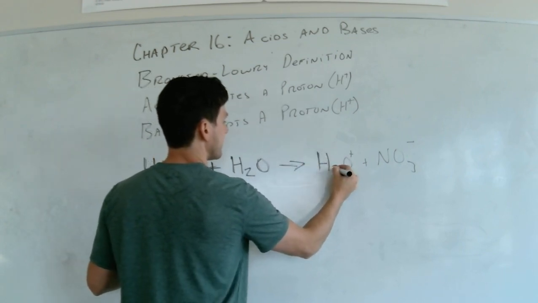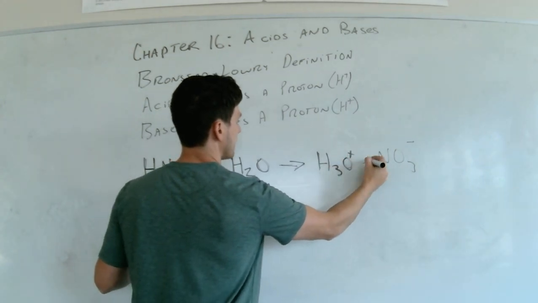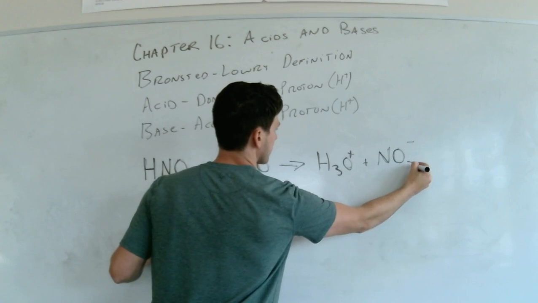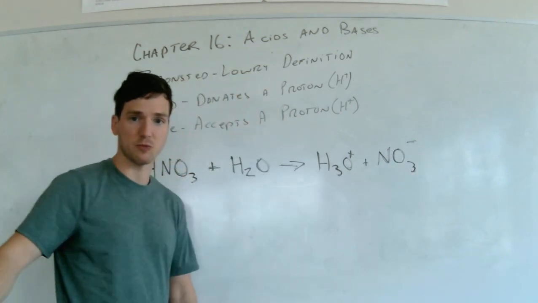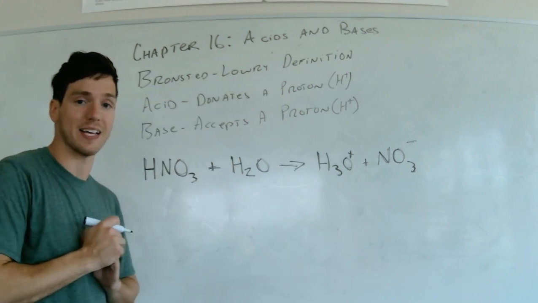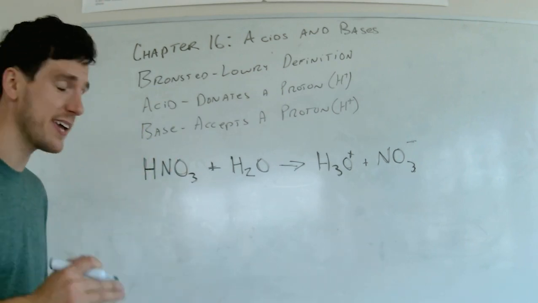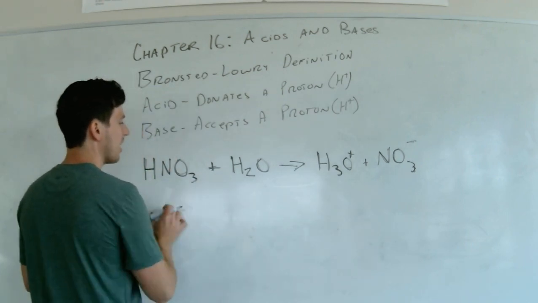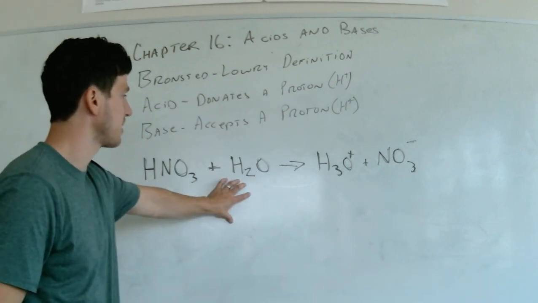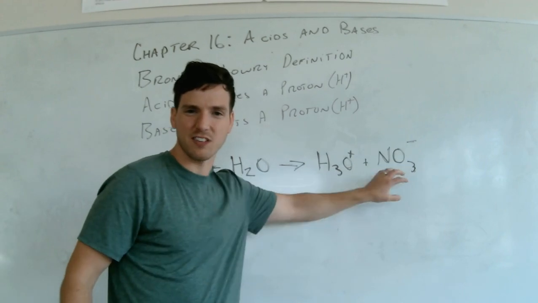And here's the nice thing about an acid-base reaction. We used to think that an acid-base reaction produces water and a salt, but not anymore. We're forgetting all that we know about acids and bases. The acid and the base are going to only be on the left side of the reaction. So your acid and base are going to be over here. Well, what are these going to be?